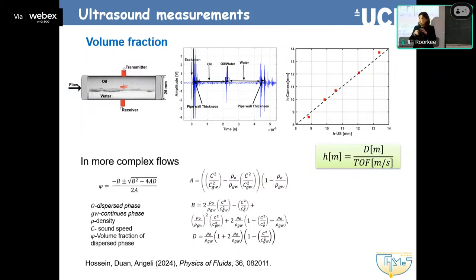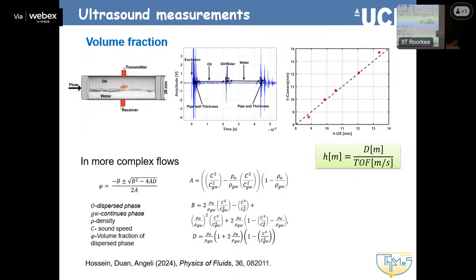Now, if we have mixtures of the two fluids, the speed of sound through the mixture depends on the percentage of each fluid. There are two ways to do it. We can calibrate the instruments outside: let's put 10% water, 20, 30, etc. What is the speed of sound? We then make a calibration curve of the time of flight for different percentages of oil.